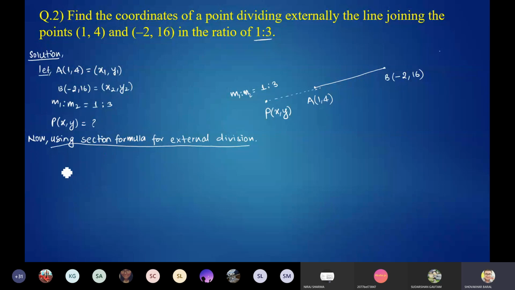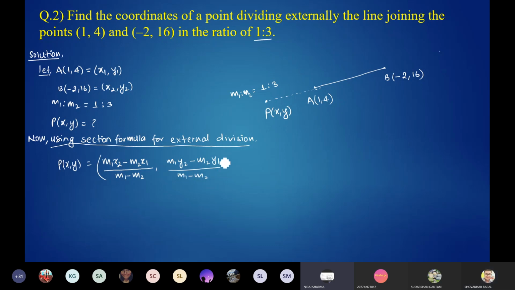Using section formula for external division, let's use the formula. Neeraj, can you tell me the formula? P x y equals m1 x2 minus m2 x1 by m1 minus m2, comma m1 y2 minus m2 y1 by m1 minus m2.